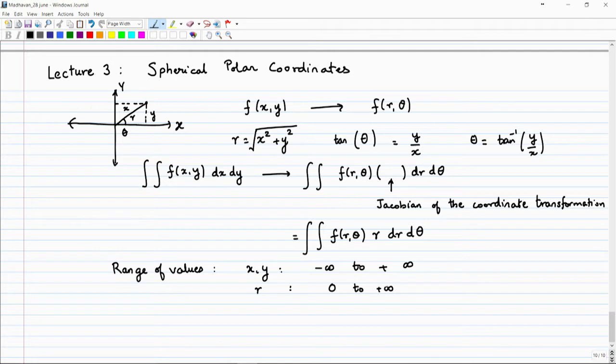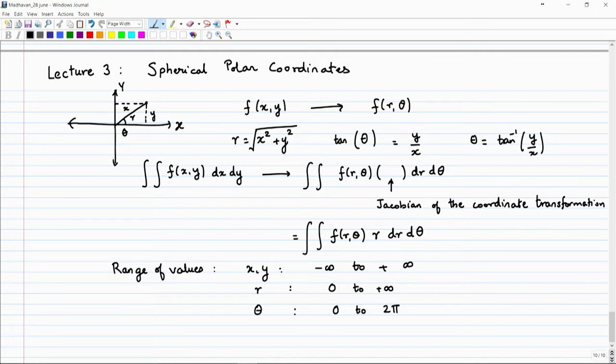So r is always positive, it is defined as a positive square root. Theta goes from 0 to 2 pi. So when it goes to 360 degrees, the value of theta is 2 pi. So these are the range of values of x, y, r, and theta.